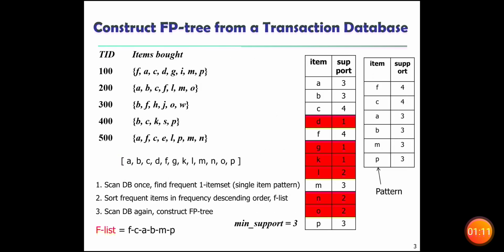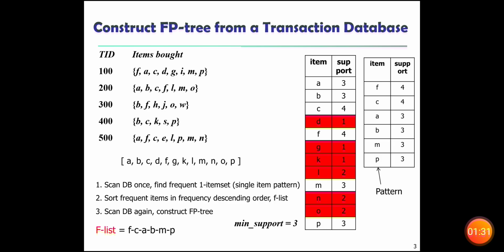Now we'll take some transactions, given over here. TID is the transaction ID: 100, 200, 300, 400 and 500. Each transaction has some item sets.